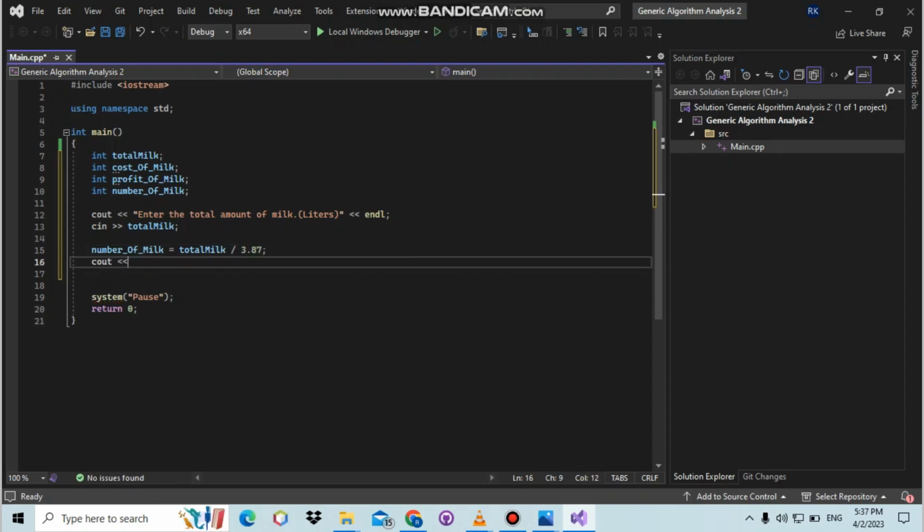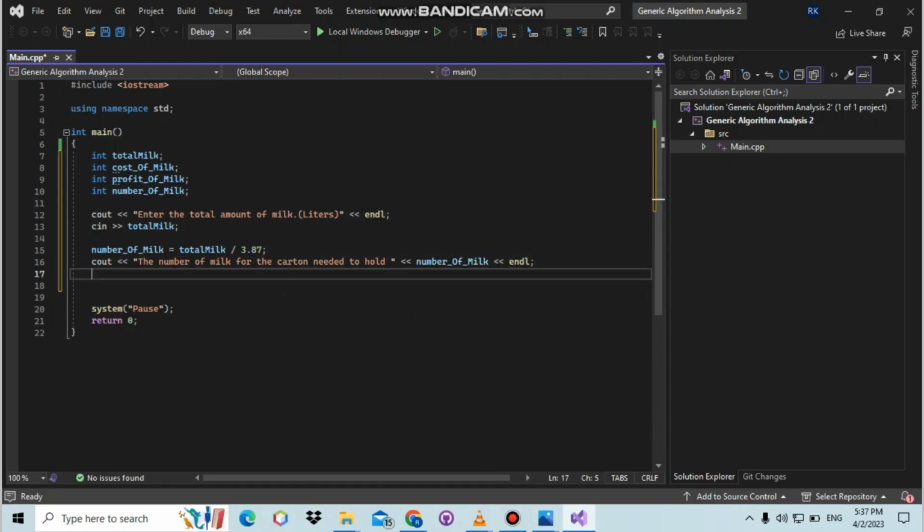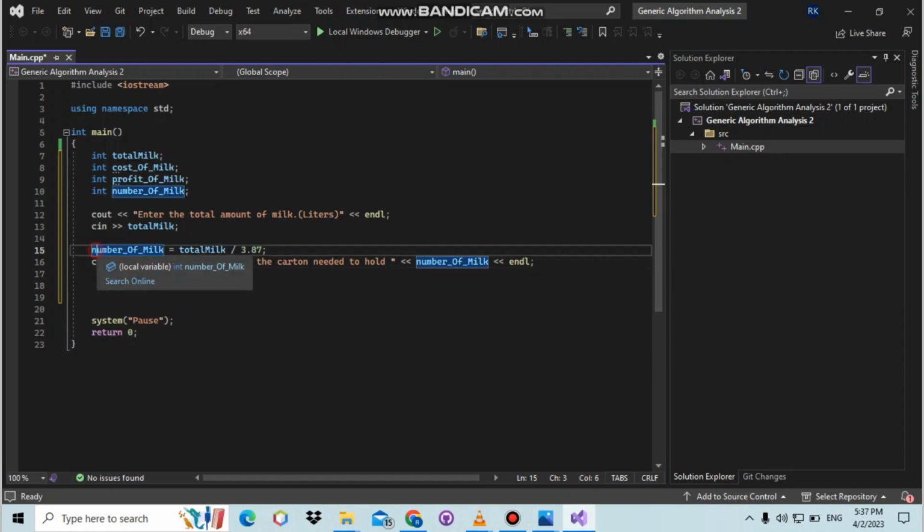Cout. This is now the number of milk cartons needed to hold.